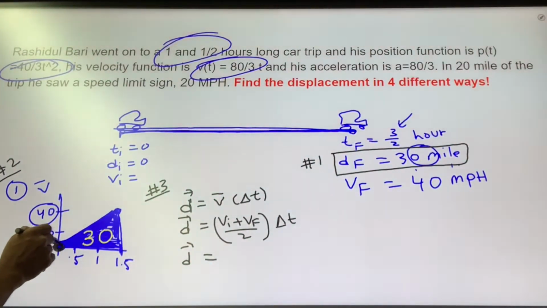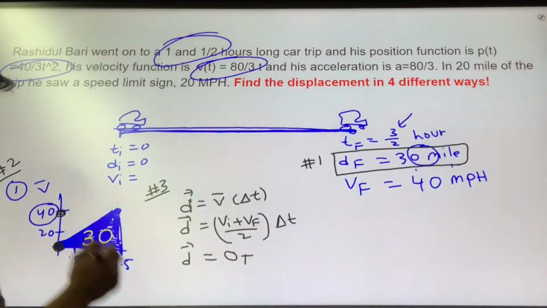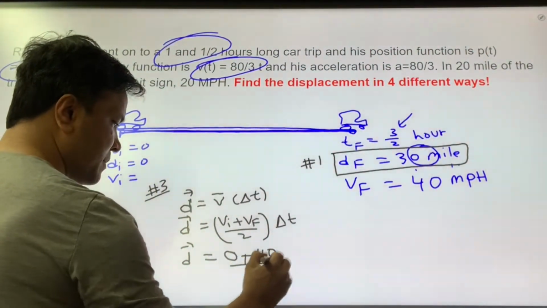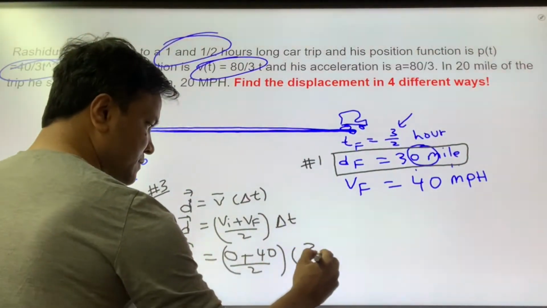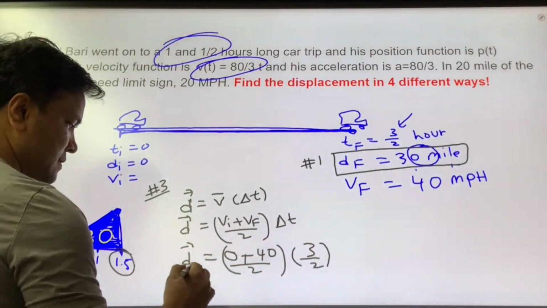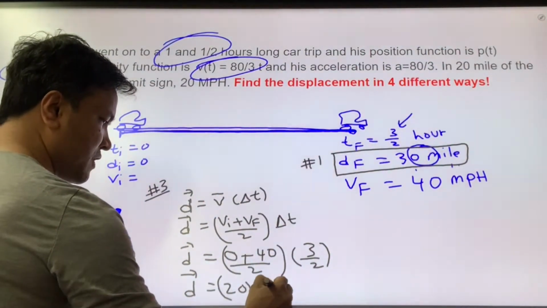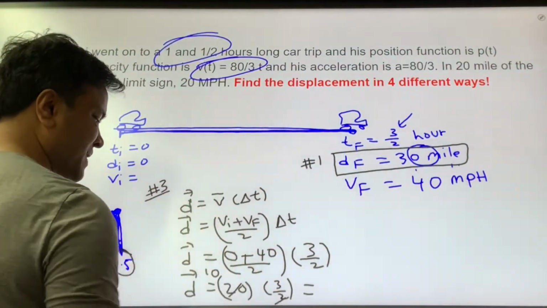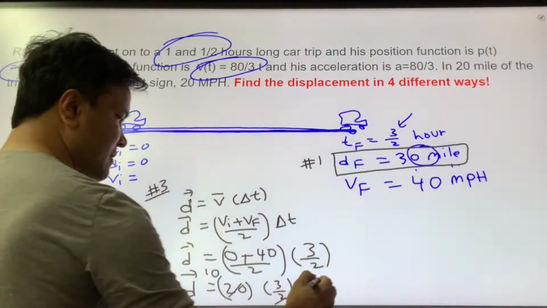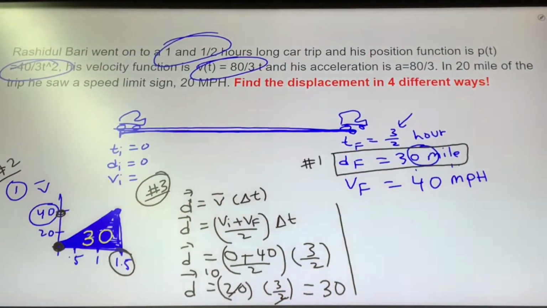V initial is 0. What is the v final? 40, divided by 2. What is the delta t? 1.5 or 3/2. So 40 divided by 2 is 20, times 3 over 2. 2 goes into 20 ten times. So displacement is 3 times 10, 30. So this is the third way we found the displacement.